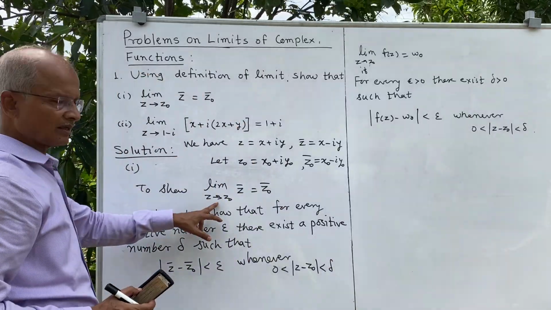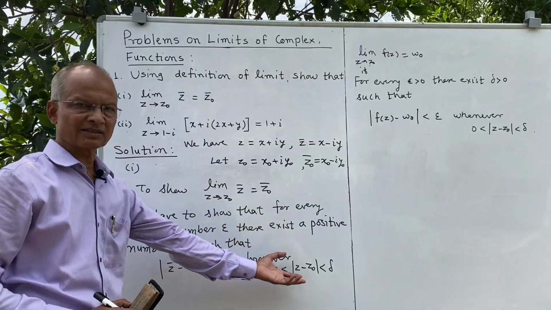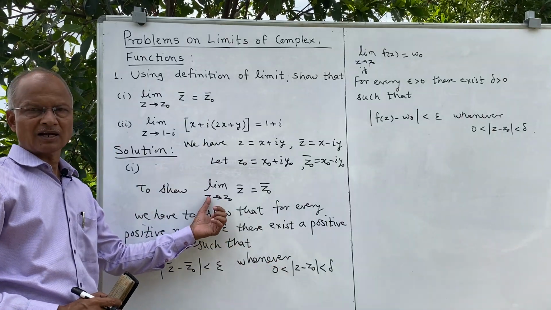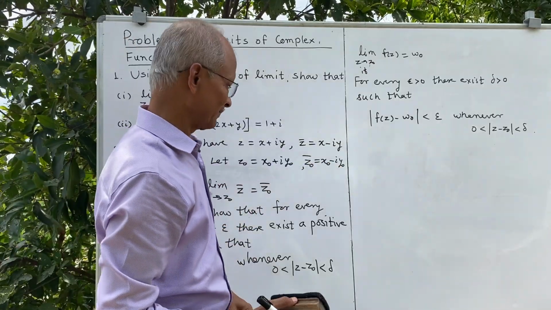That means z lies in the delta neighborhood of z naught. That is according to the definition.